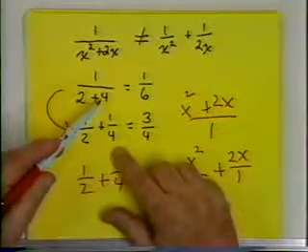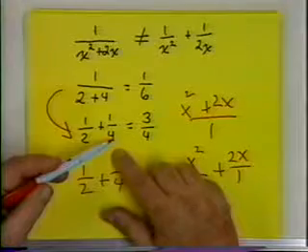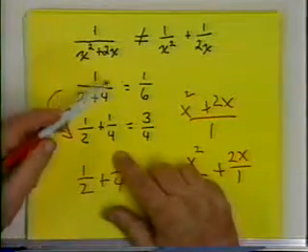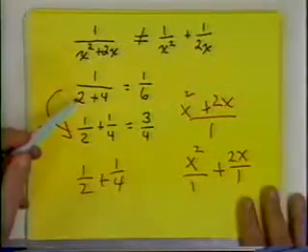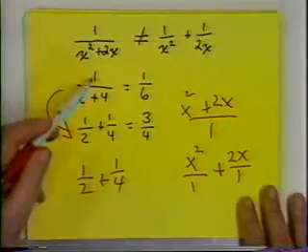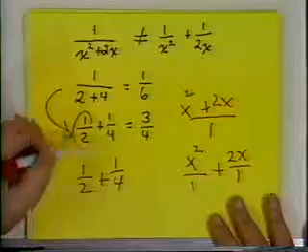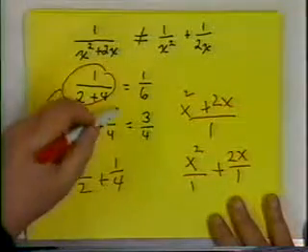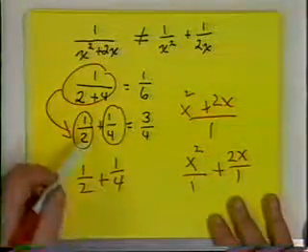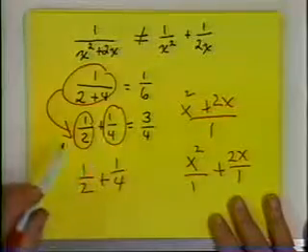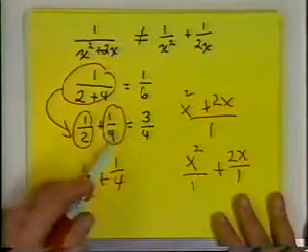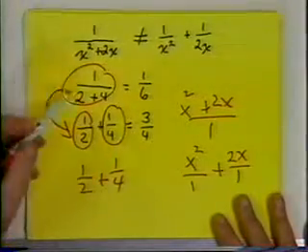We've also added the 2 onto the 4, so it's also less than 1/4. In other words, whatever this fraction here is, it's going to be smaller than 1/2, and even smaller than 1/4. Notice that 1/2 is already bigger than this. 1/4 is already bigger than this.